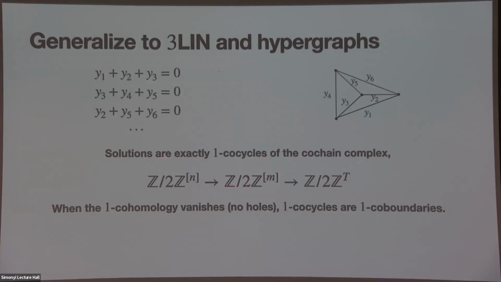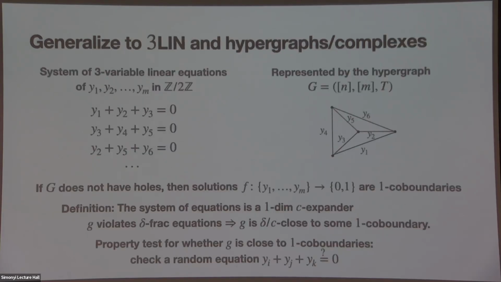If we consider this cochain, then the solution to this system of equations is simply the one-cocycles of this cochain. The requirement that there are no holes just says the one-homology vanishes for this cochain. So in this case, all the cocycles are also coboundaries, which really are the indicators of cuts. But don't worry if this doesn't make sense, because I'm just going to use it abstractly.